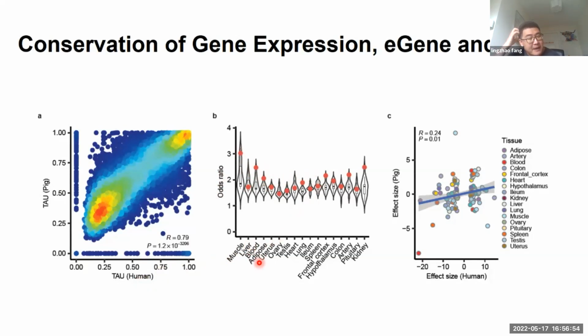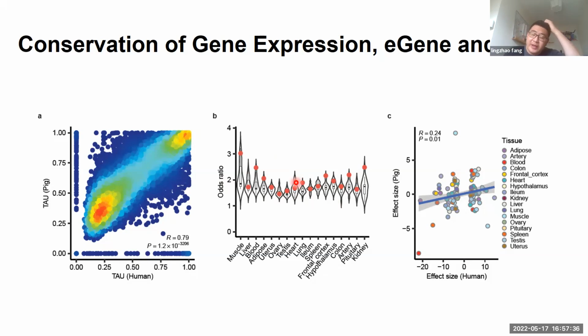But you need to keep in mind that the sample size for eQTL detection is totally different between the two species. But we still can see relative enrichment. That also indicates the conservation between these eQTLs. And then we also looked at some variants to see if they have the same effects. We do see some, but we didn't see a very good example actually.